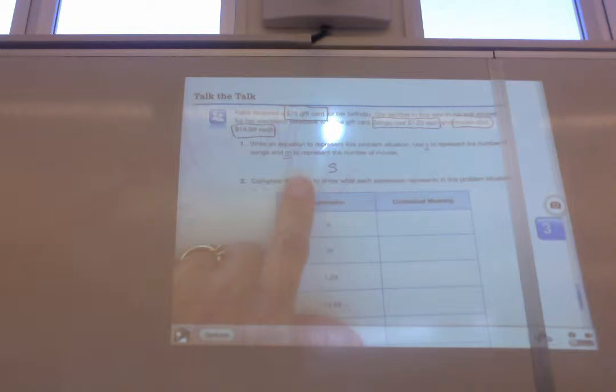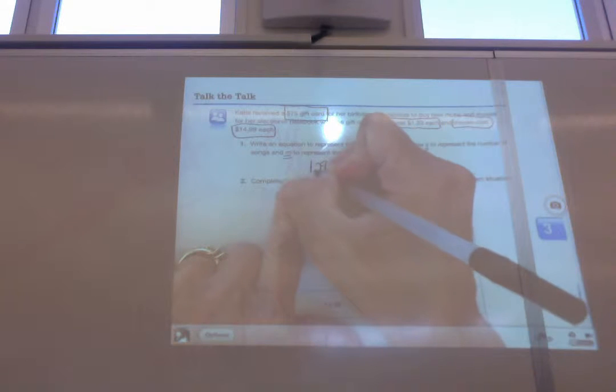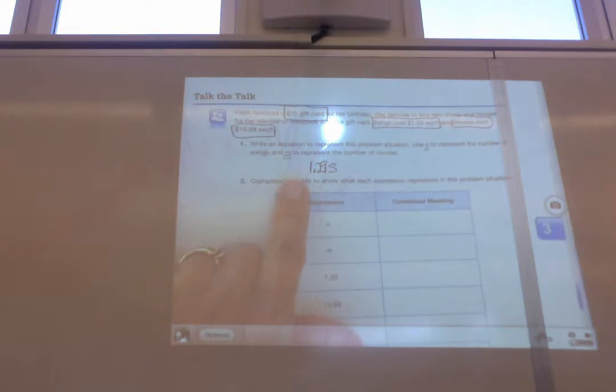The cost of a song. What is the cost of a song? $1.29 goes in front of the S. It's a little more complicated than having a 5S, but it's the same thing, and it's real life, okay? Real life often has some sort of pennies there.